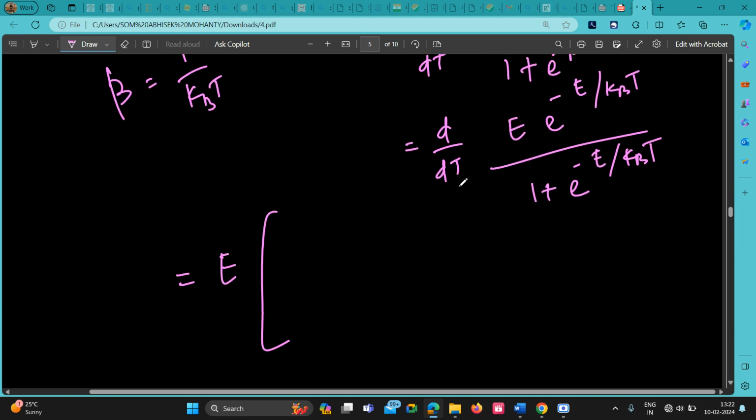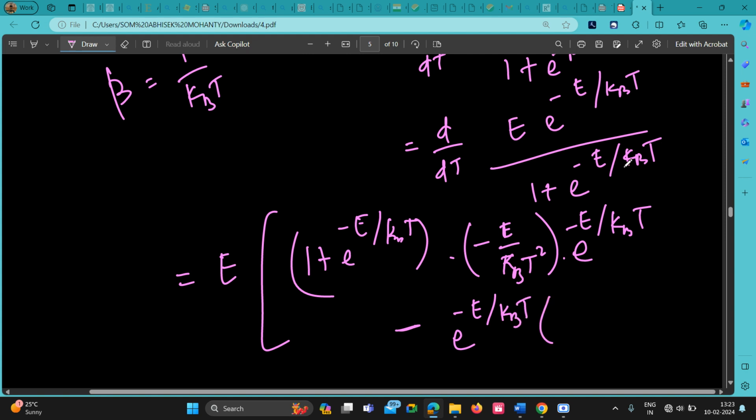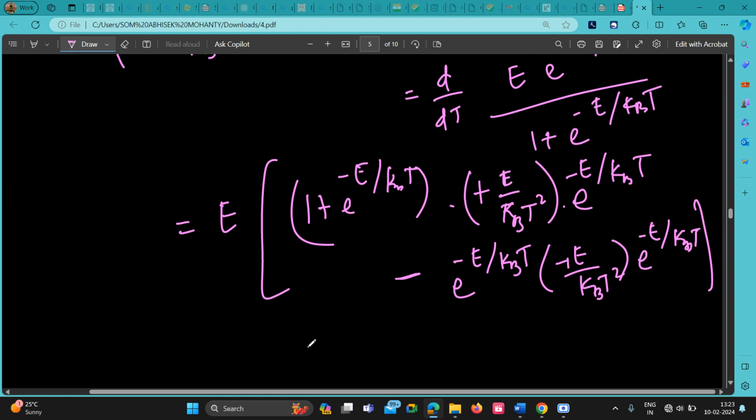E goes out, so 1 plus e to the minus E by kBT into the derivative of this one, that is E by kBT squared, into e to the power minus E by kBT, minus e to the minus E by kBT into the derivative of this one, E by kBT squared, that is minus and plus, into e to the minus E by kBT, whole divided by 1 plus e to the power minus E by kBT whole square.